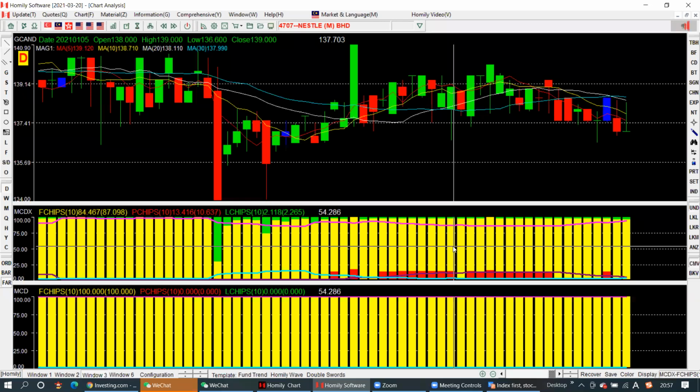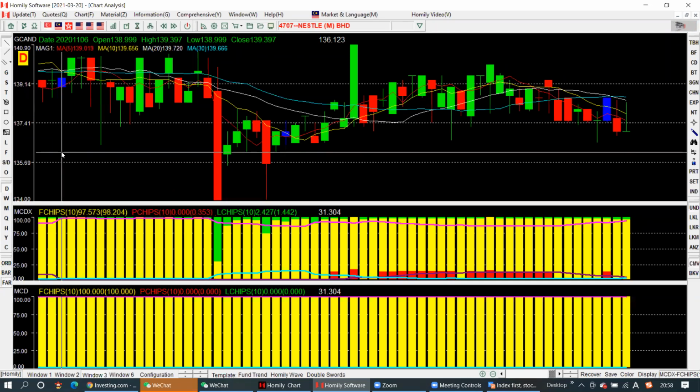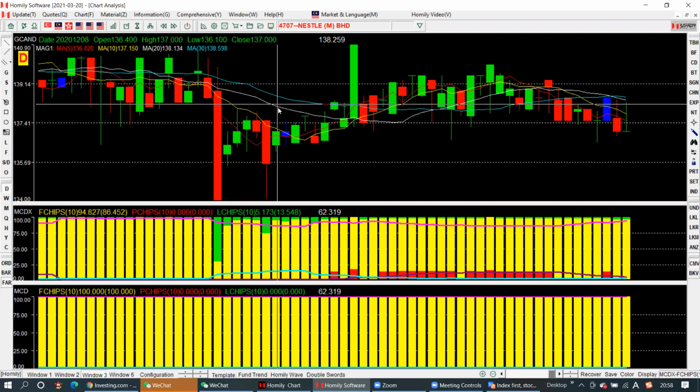So for the smaller period charts, like 60 minutes or 30 minutes, I suggest the MCDS, not the MCD. The MCD is used for the big periods, like week chart, month chart, day chart. Okay, seeing the difference?